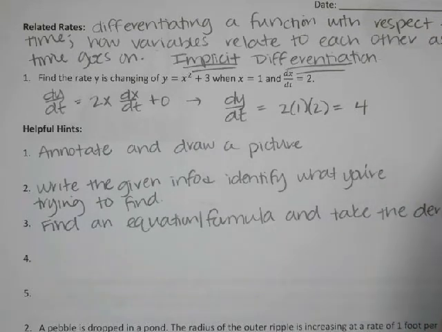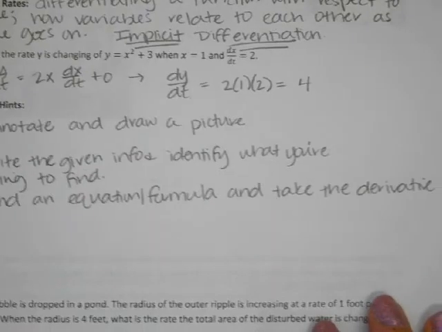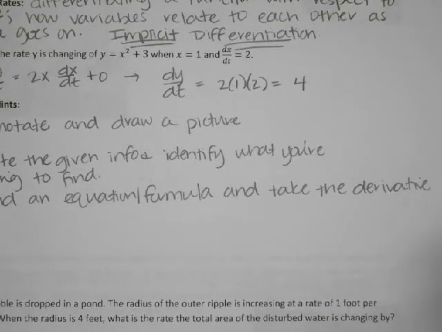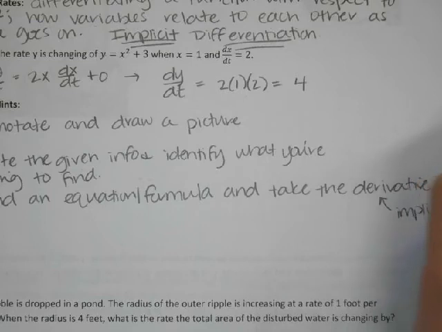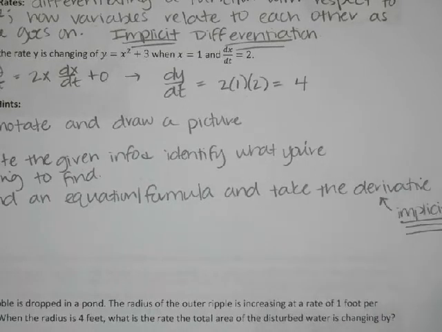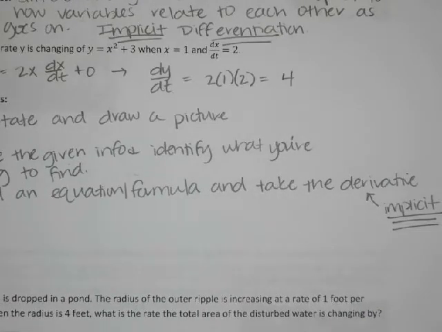And this is where you have to remember that when you take the derivative, you're doing implicit differentiation. So I'm going to write implicit. That means that for each variable you see in the problem, whenever you take a derivative with that variable after it, you're going to tack on dx/dt or dy/dt or dv/dt or dA/dt. You're always going to add that little thing at the end.